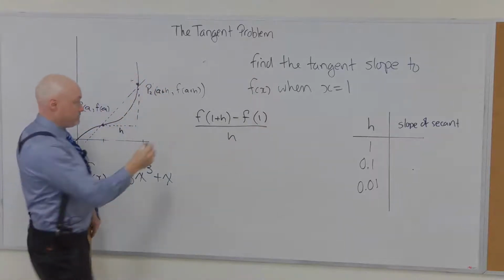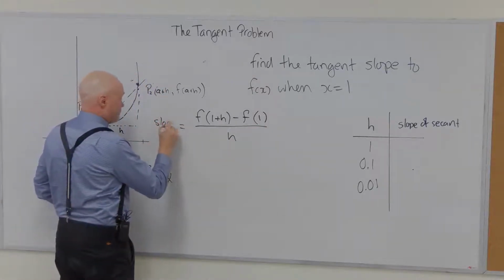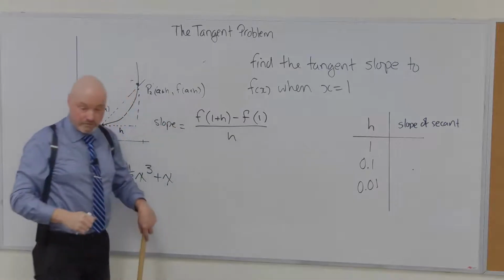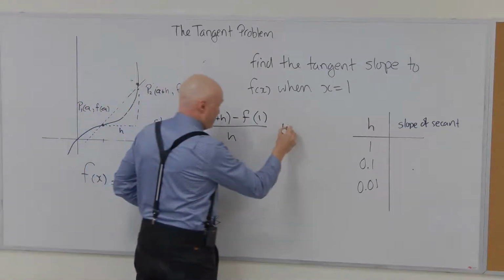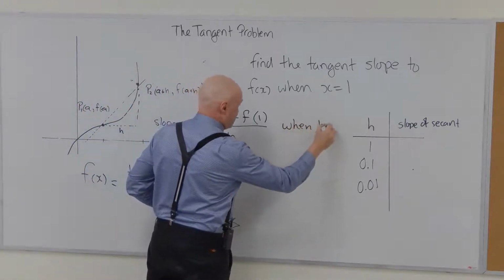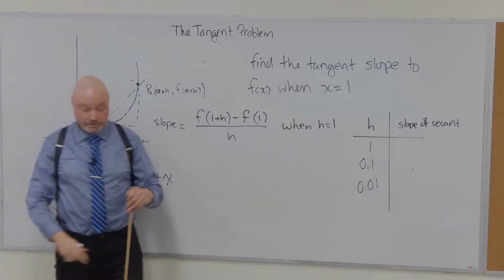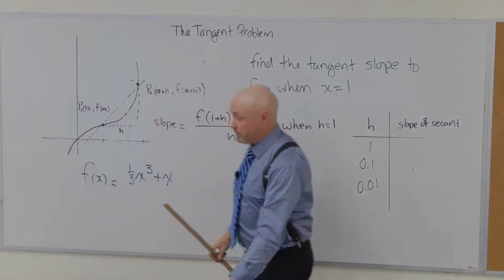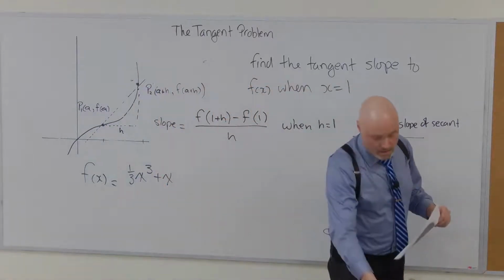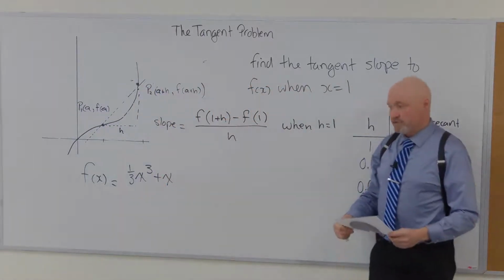So the first one, here's our slope calculation: f at 1 plus h minus f at 1. We're going to do it when h is equal to 1, and we're going to see what the slope of the secant turns out to be just by plugging it into our difference quotient. I have most conveniently just calculated these.